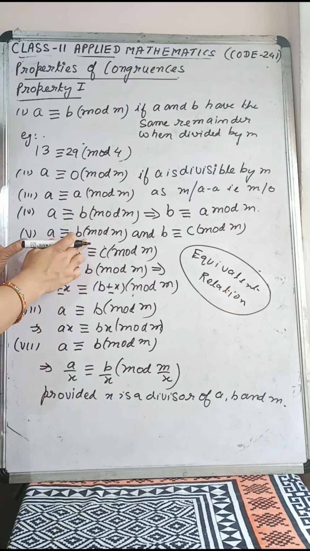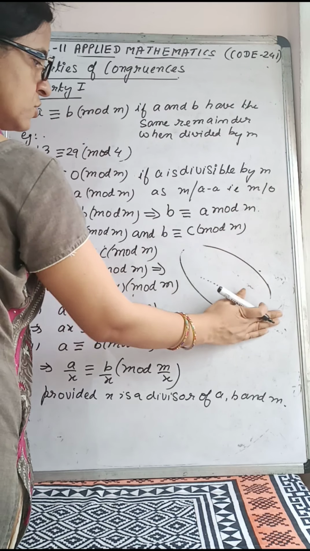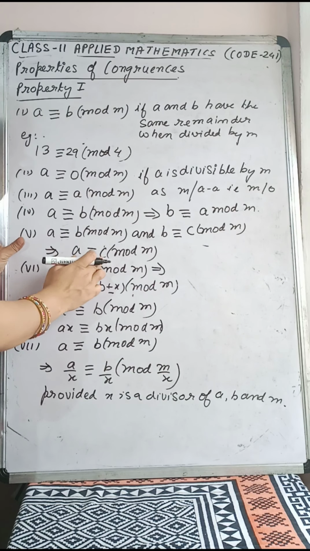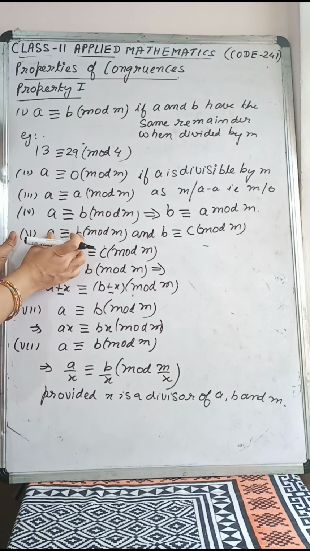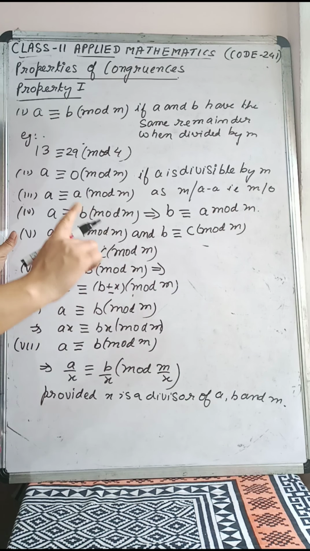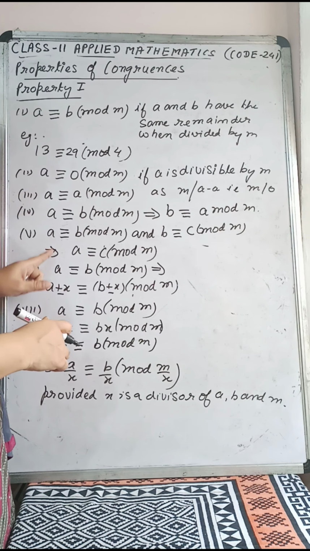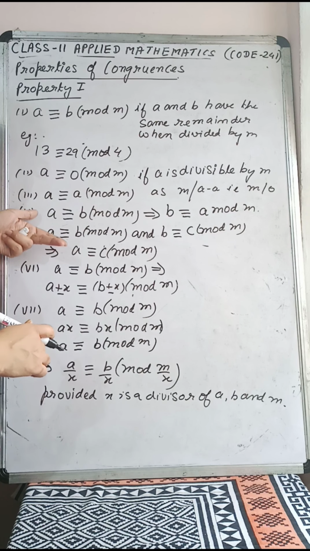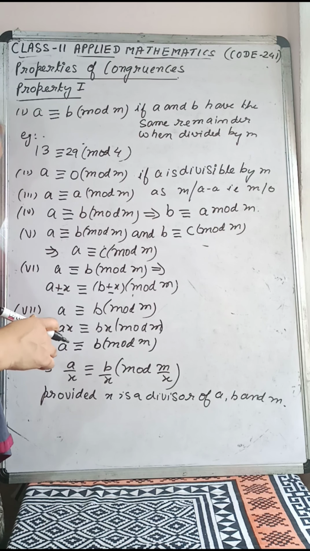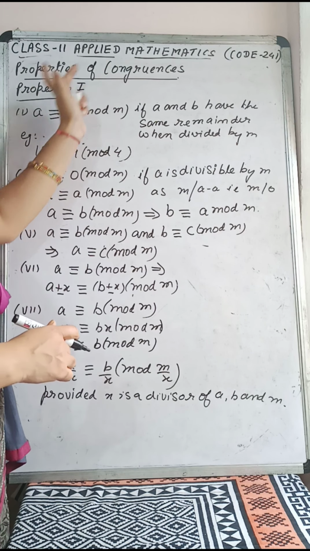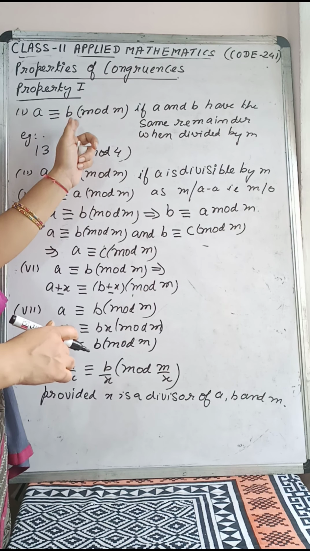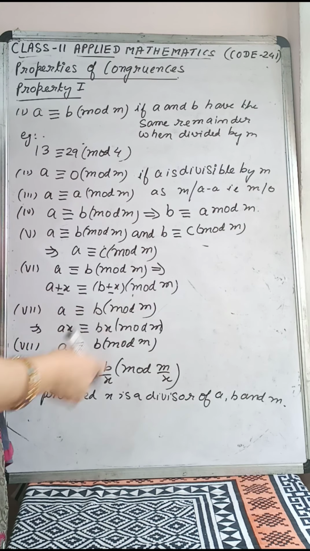Now A is congruent to B modulo M, B is congruent to C modulo M, then A is congruent to C modulo M. You can see (A,B), (B,C), then (A,C) belongs to the relation. So it is reflexive, symmetric and transitive. Hence we can say that the congruence relation, A congruent to B modulo M, is an equivalence relation.